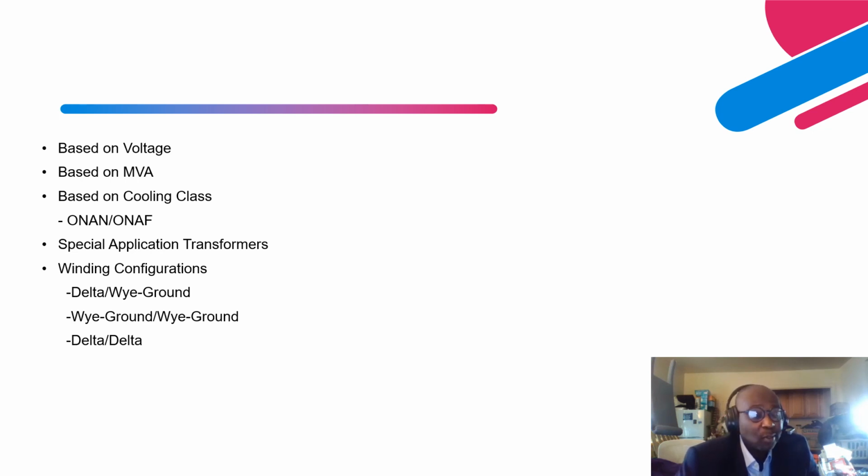Then another example is Y-ground. Then another example is delta-delta, so the high voltage side is wound in the delta configuration, and the low voltage side is wound in the delta configuration.